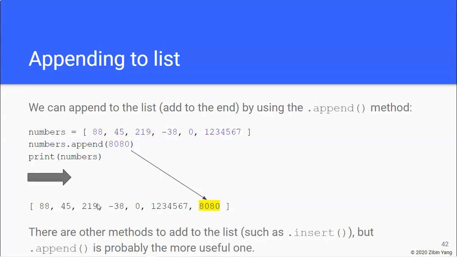Now, there are other ways to add things to a list, such as using the dot insert method that allows you to insert things in arbitrary places in the list instead of just always at the end like what append does. But append, at least for now, is probably the most useful one. But again, feel free to explore other methods by looking at the Python documentation.